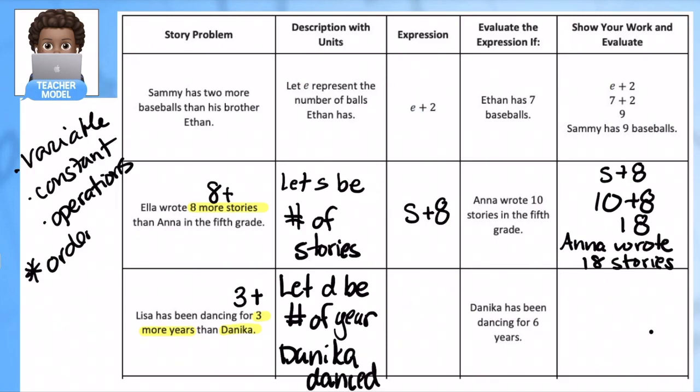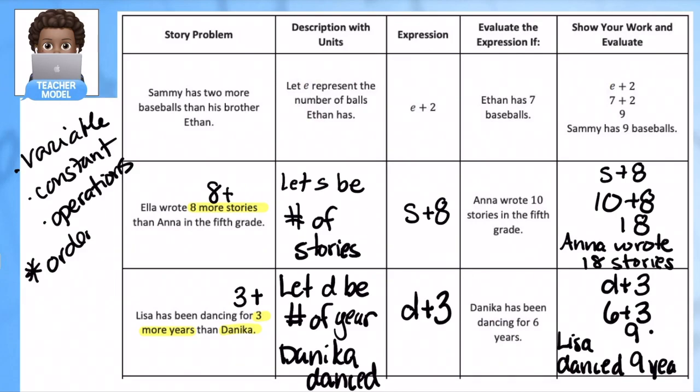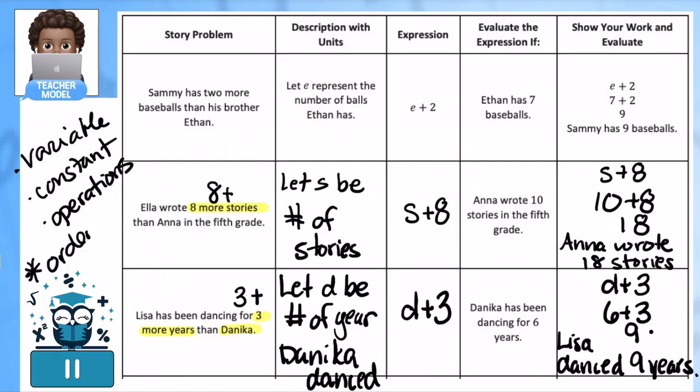If it's 3 more, it's D plus 3. So I'm going to start by writing that expression. Notice how I'm capturing it each time I'm writing it down. There's my expression, and now I'm going to substitute underneath that. And she danced for 6 years, so 6 plus 3, which makes 9. So this means Lisa danced 9 years. Hit pause so you can jot this down in your notes.